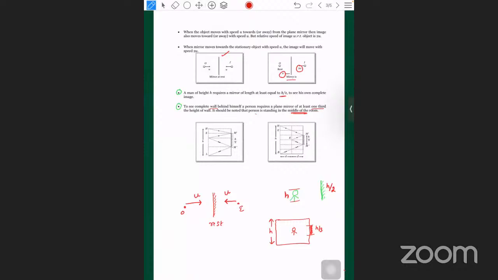Let me ask one question related to this. Let me see how you are going to solve it. This is a plane mirror. This is the clock: 12, 3, 6, 9, and 1, 2, 4, 5, 7, 8, 10, 11.